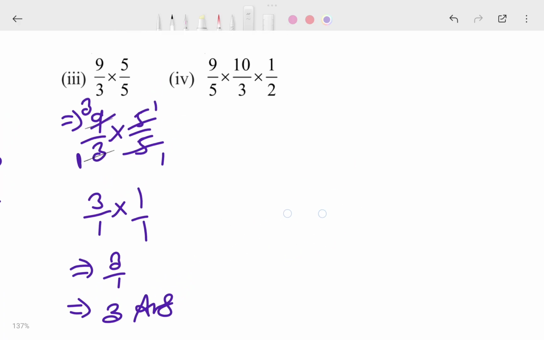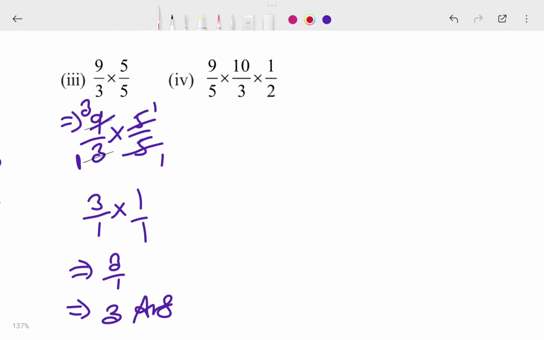Now let's come to this question and solve this one. This is our interesting question. It is given 9 by 5 cross 10 by 3 cross 1 by 2. Now let's see the crisscross first of all. Here it is possible, 5 1 or 5 2.